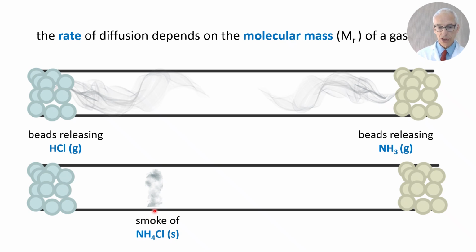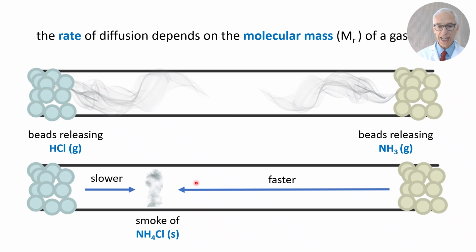That smoke is where the two gases have met and reacted. However, because ammonia moves faster than hydrogen chloride, which moves slower, the distance between the smoke and ammonia is greater.